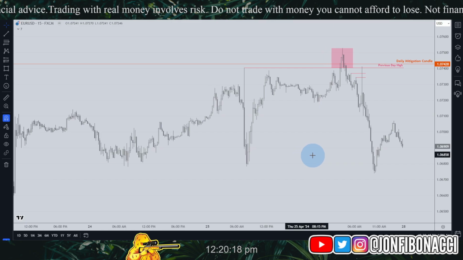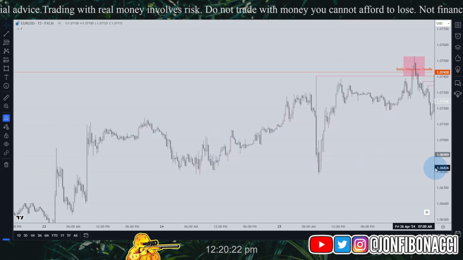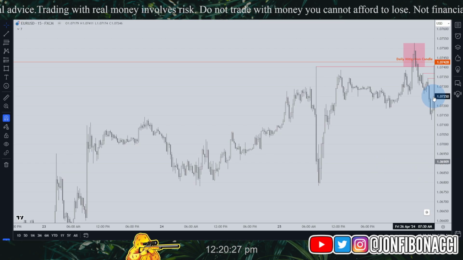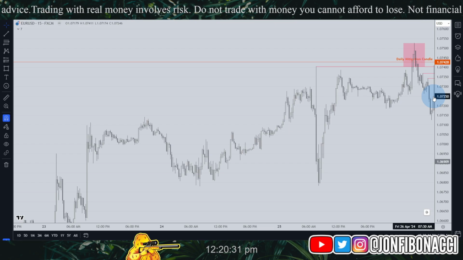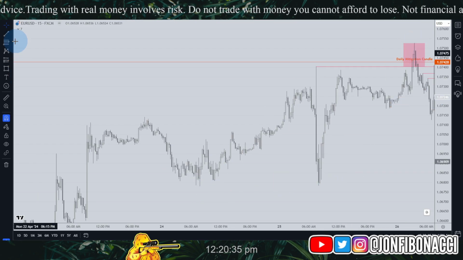And when you're looking at the chart like this, and price is here gyrating up and down, you have to determine, is it more likely to go above this high or below these lows down here?